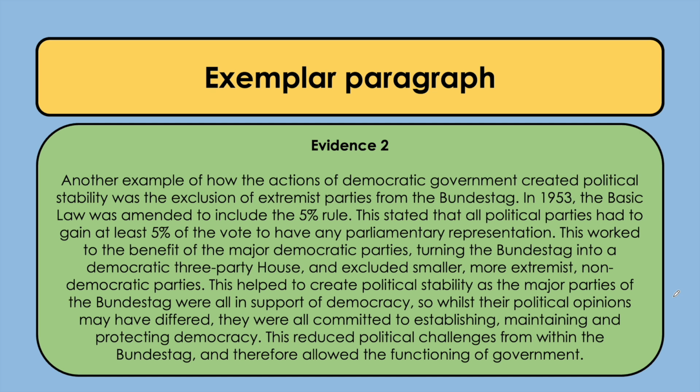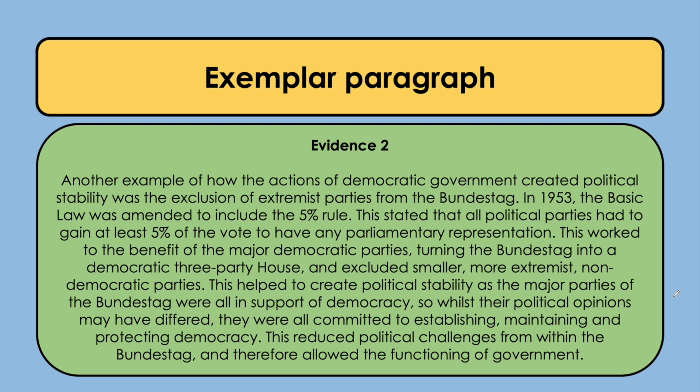So, another example of how the actions of democratic government created political stability was the exclusion of extremist parties from the Bundestag. In 1953, the Basic Law was amended to include the 5% rule. This stated that all political parties had to gain at least 5% of the vote to have any parliamentary representation.